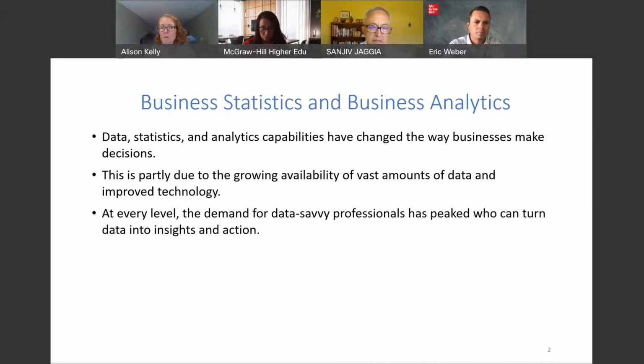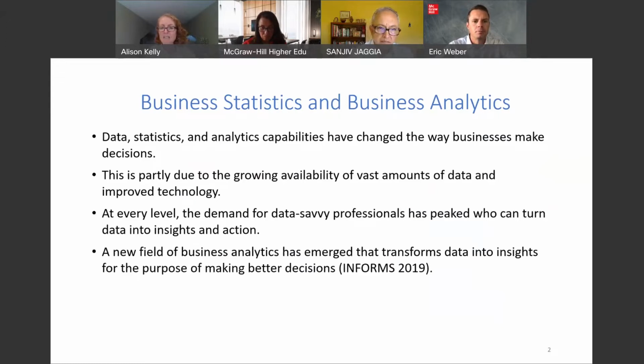And what we're seeing, at least from the demand aspect and what employers want, are graduates that have some knowledge of how to prepare data, estimate models, and then more than that, interpret these models, take off the technical hat and put on the non-technical hat, so as to drive these insights into actionable decisions.